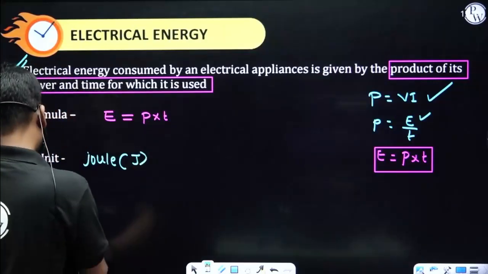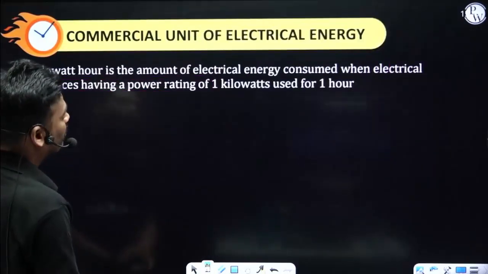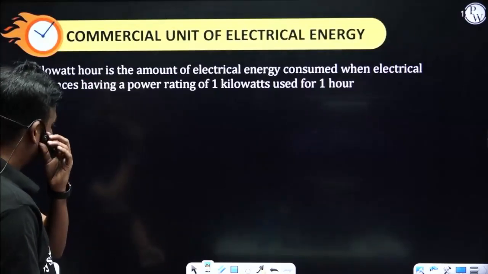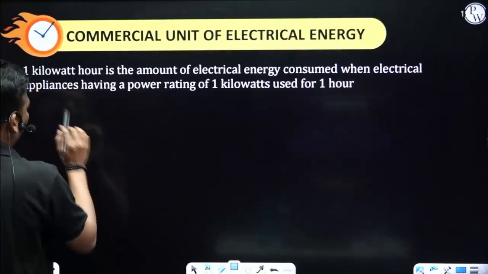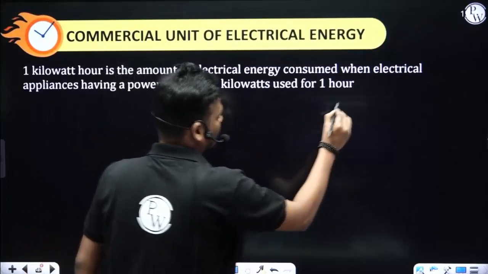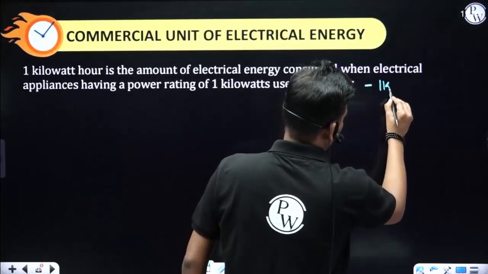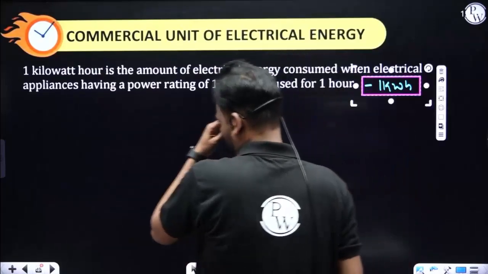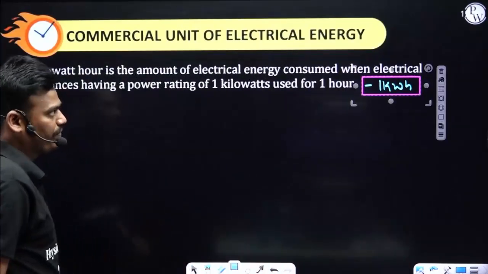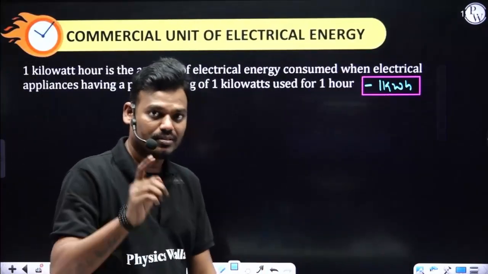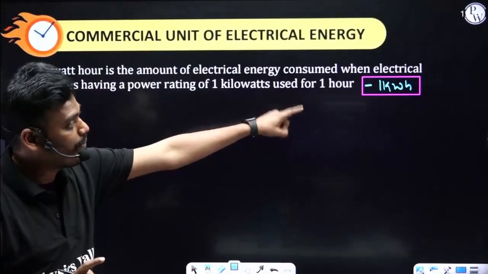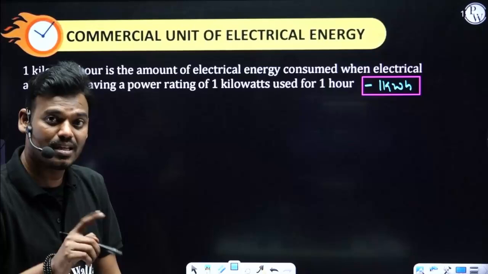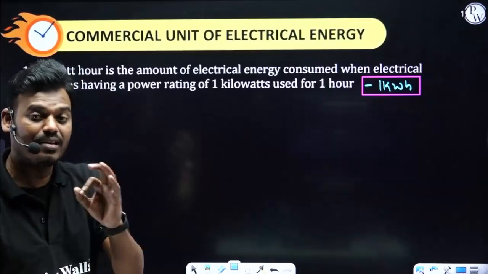Okay, now let's move on to the next concept, that is the commercial unit of electrical energy, and it's very, very important. Generally they'll ask about 1 kilowatt hour. To define this 1 kilowatt hour, just remember it is indicating power into time. 1 kilowatt hour is a unit of energy, that is the electrical energy.